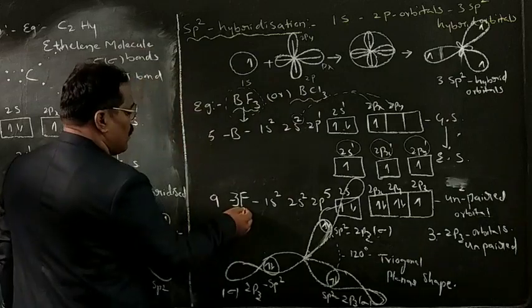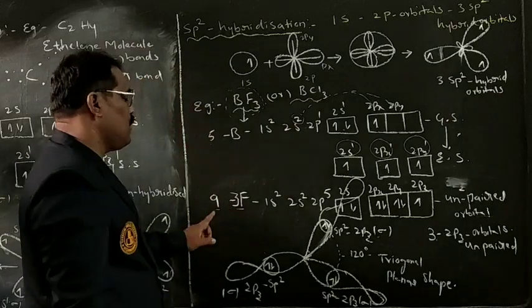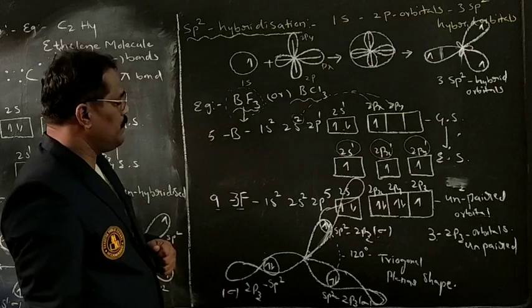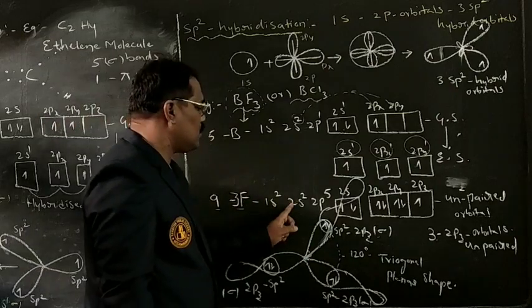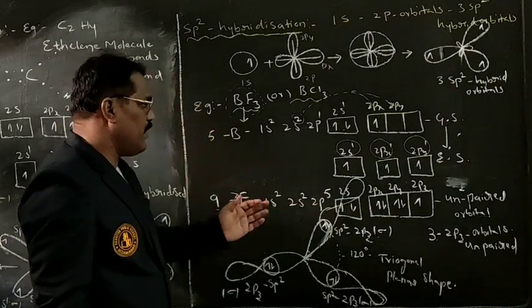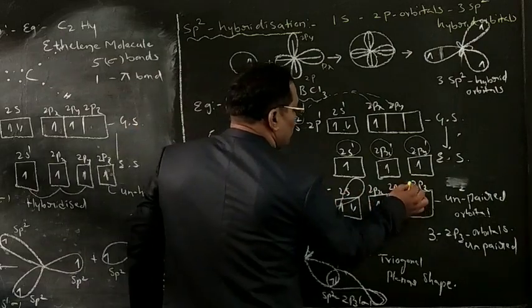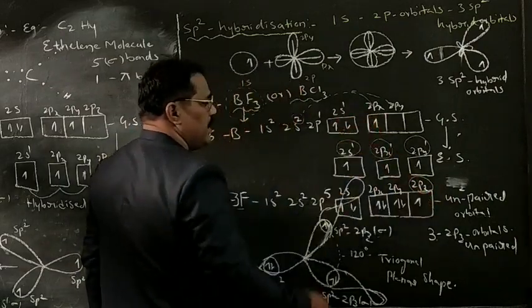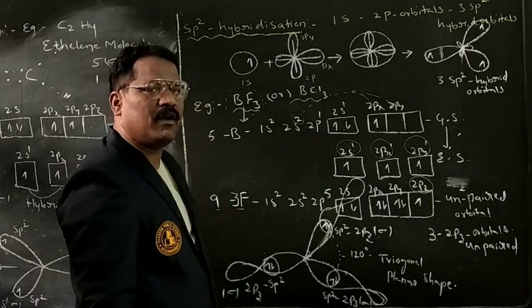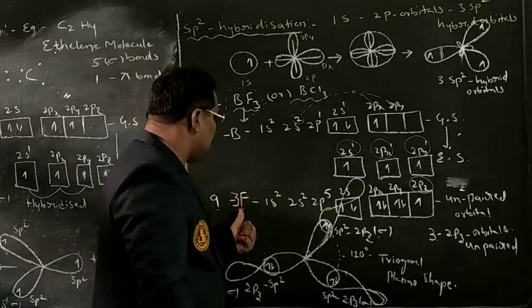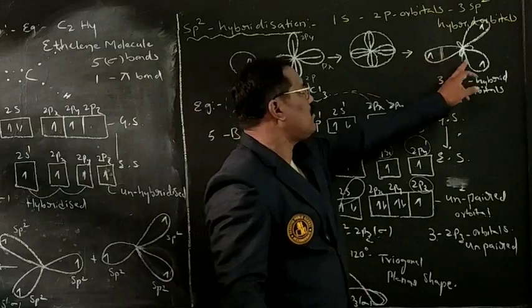Coming to the fluorine element, whose atomic number is 9, the electronic configuration is 1s2, 2s2, 2p5. If I fill in the total electrons, only one 2pz orbital is unpaired. If I take three fluorines, how many unpaired electrons are there?